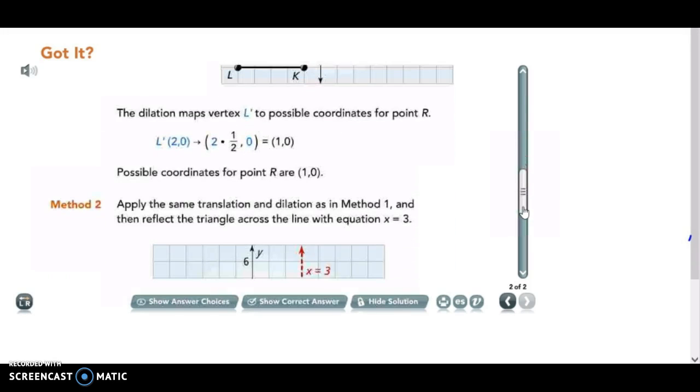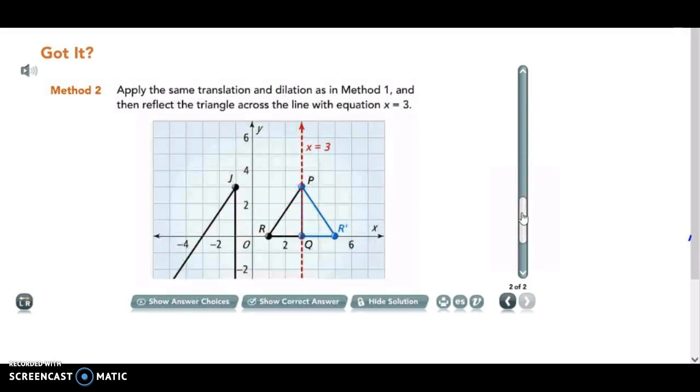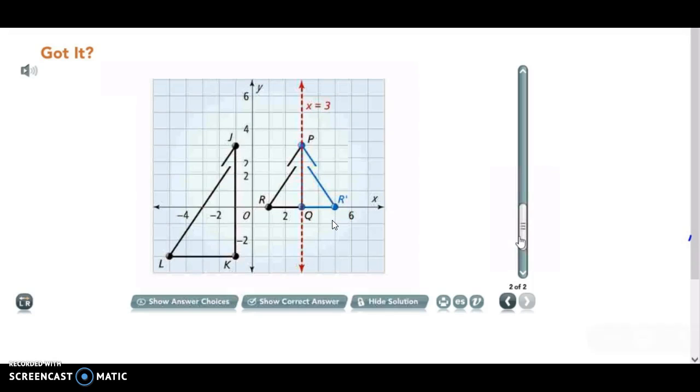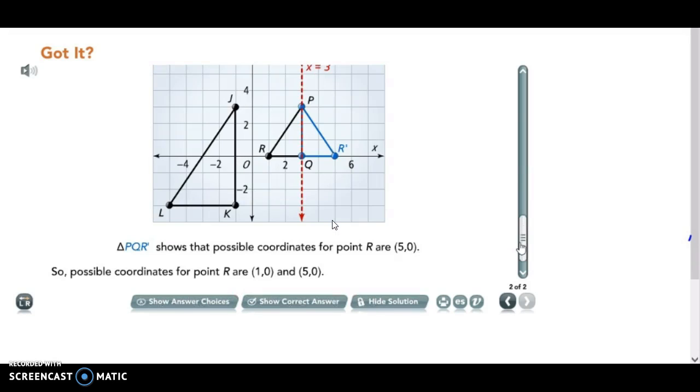Once we have that, then we're just going to go ahead and reflect it across x equals 3. So we're reflecting it across this line right here, leaving us a new PQR on this side and leaving us our possible point for R at 5, 0. So those are our two possible points.